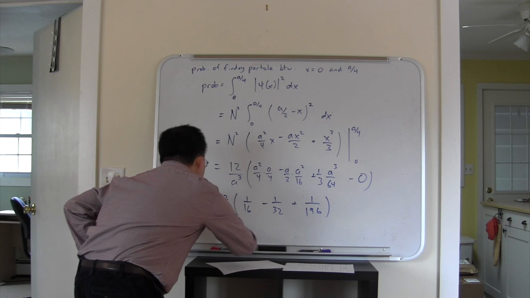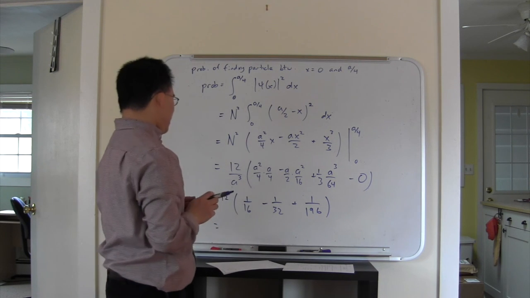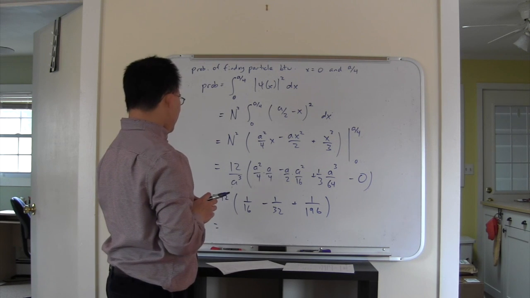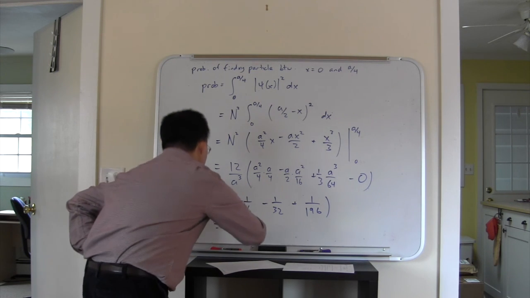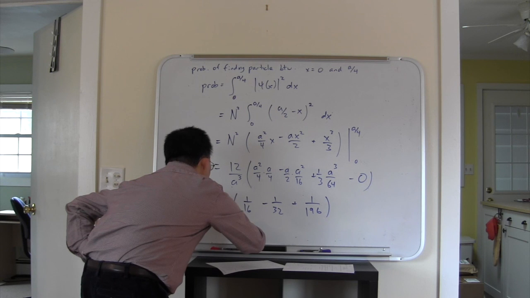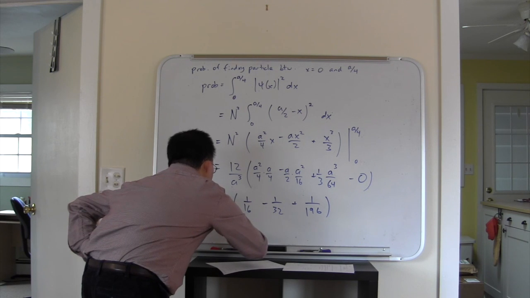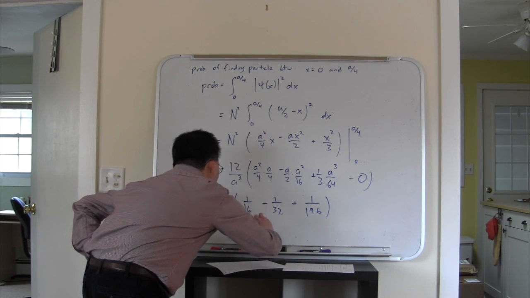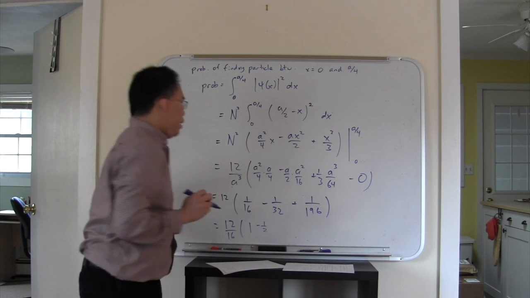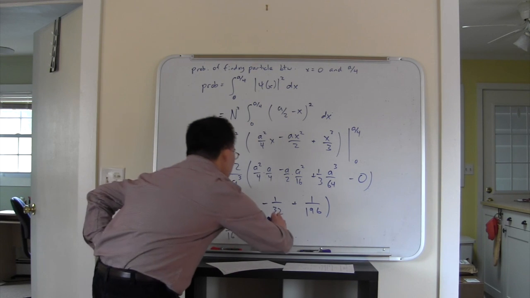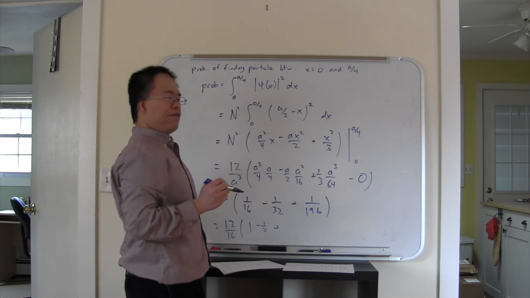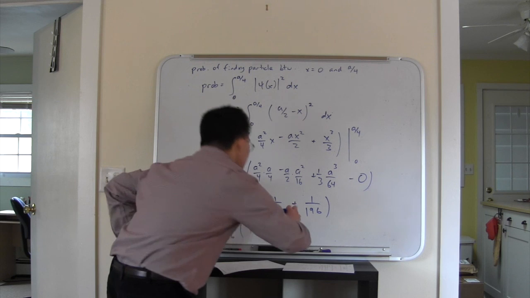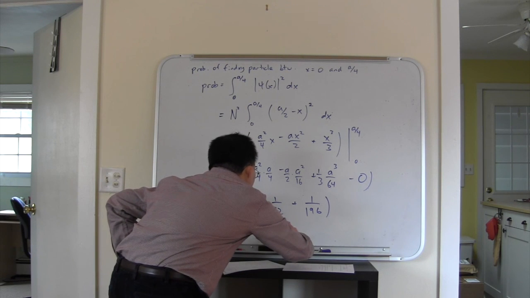So let's see what we can, let's pull out some factors of 16. So that gives me a 12 over 16 times 1 minus a half, and then plus 1/12. 16 times 4 equals 64, so pulling out a 16 gives me 3 times 4. Okay.